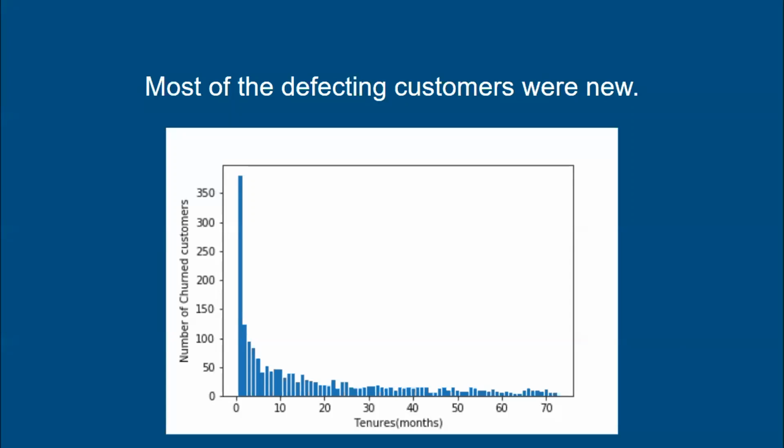It's very normal for somebody to be introduced into a service and leave in less than a few days. How do you tell that the person has already churned when it's not even up to a month? From this graph, a lot of the churn customers are within 0 to 1 month, but how do you know somebody has churned when the person has not even used the service for up to a month?